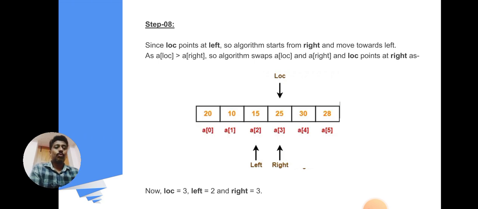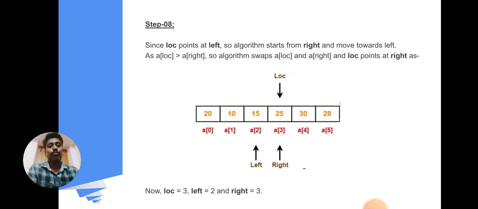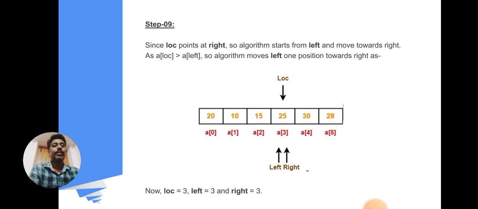Okay. So 25 is moved to A of 3, then A of 3 having 15 is moved to A of 2. So swapping occurred here. After the swapping, we can see the picture. The location pointer also moves to A of 3. So the A of location value is compared with the A of left.